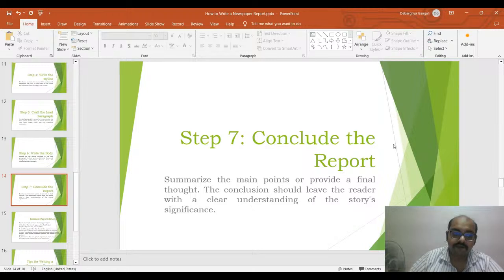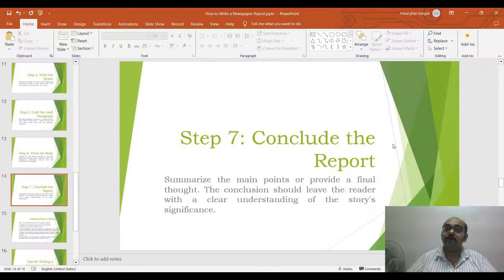Finally comes conclude the report, sum it all up. Mostly, what happens is when students write a report, they initially begin with a great flair, and somewhere midway they get lost, and they mostly forget that their story's significance depends on their analysis of the story. I'm saying the analysis, not the views.